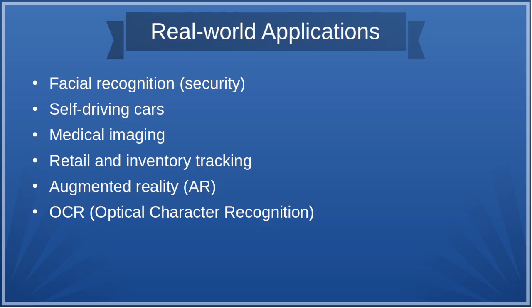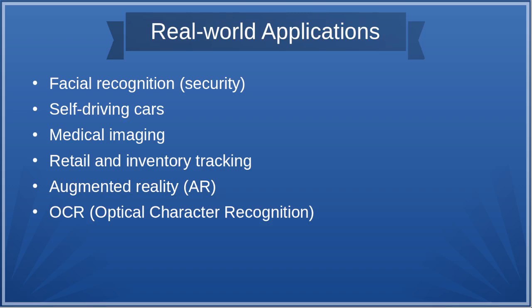And medical imaging. We heard various news saying that now AI is more powerful than doctors or radiologists in identifying diseases by going through scan images, right? So obviously computer vision is getting used in medical imaging, and it is used in retail and inventory tracking and augmented reality, virtual reality, that kind of stuff.